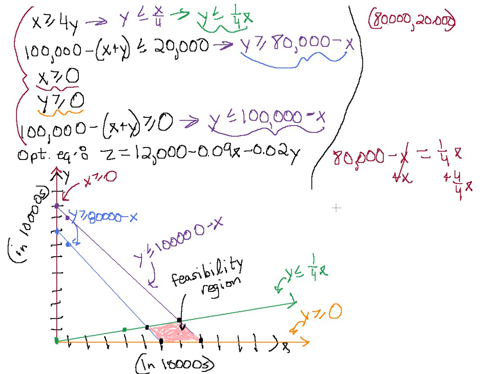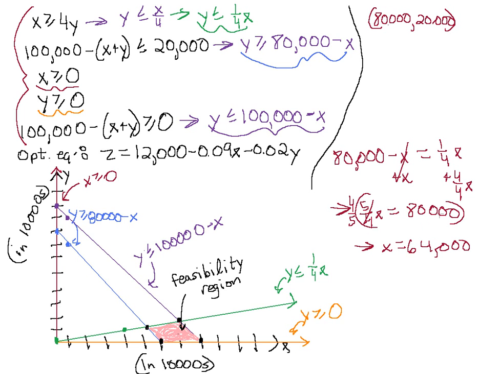These two terms cancel. If we flip this, we're going to have 5/4 times x equals 80,000. Let's multiply by the reciprocal, which is 4/5. So these two terms will cancel, which gives us x equals 4/5 times 80,000. 4 times 80,000 will give us 320,000 over 5, which will give us 64,000.